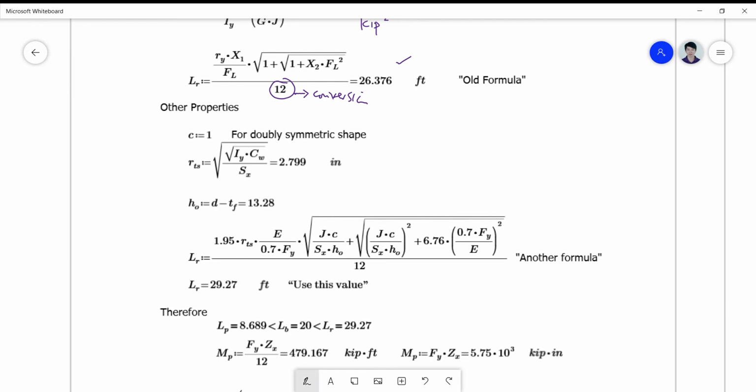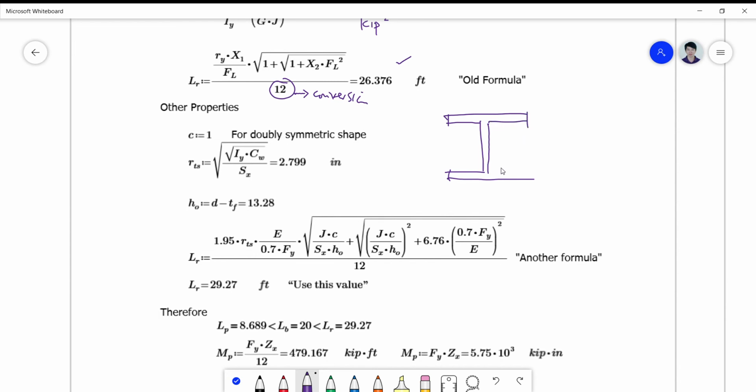Okay, so if you're going to take a look on where are those special properties, so these are the added properties. So your RTS is simply the radius of gyration of the flange part here, and including some part of the web, which is equivalent to 1/6 of your web height.